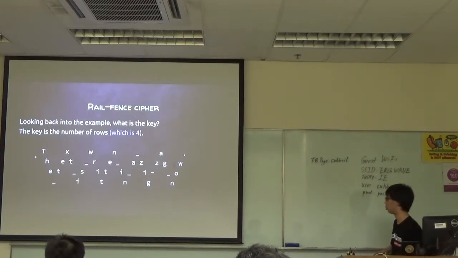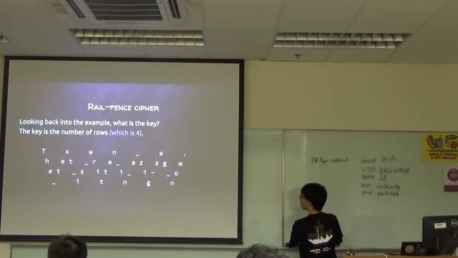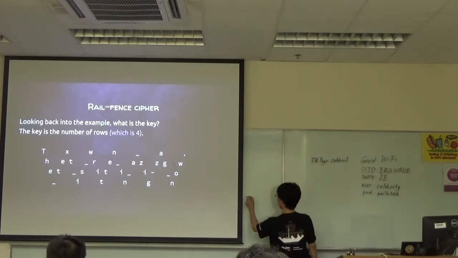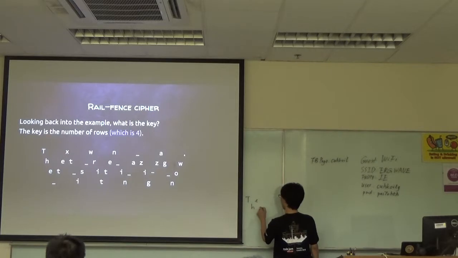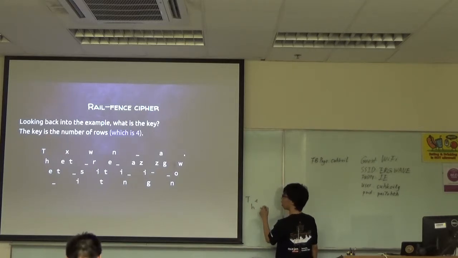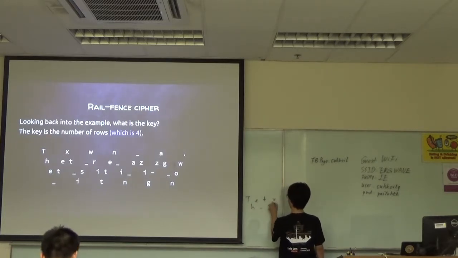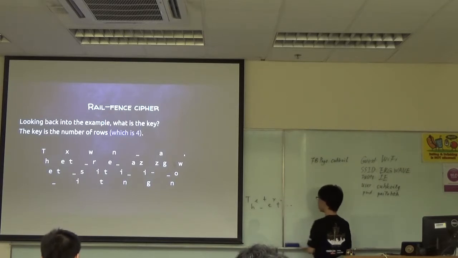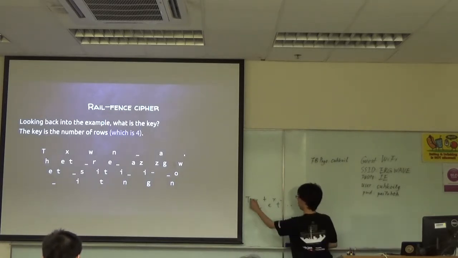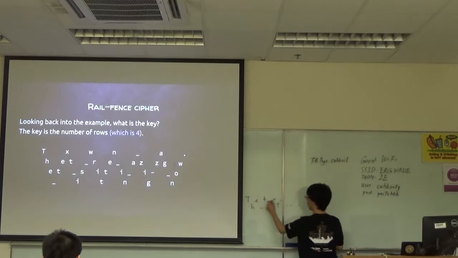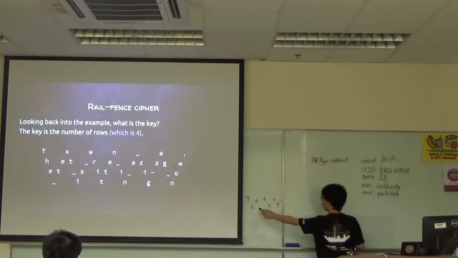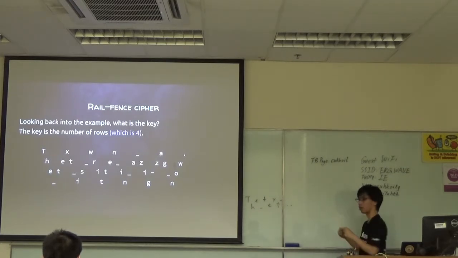If we write it in 2 rows, the text will be encrypted as TETX underscore blah blah blah, H underscore ET blah blah blah, like that. And there's nothing special.